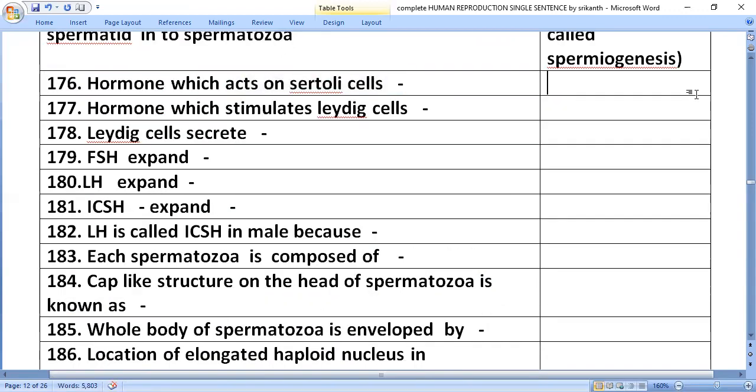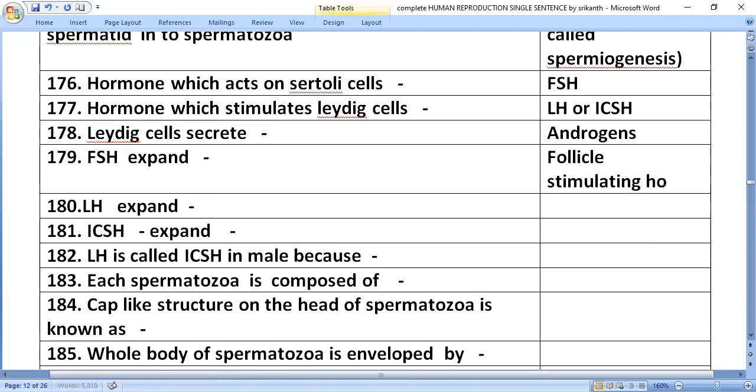Hormone which acts on Sertoli cells: FSH. Hormone which stimulates Leydig cells: LH, which is also called ICSH, interstitial cell stimulating hormone. Leydig cells secrete androgens. Major androgen is testosterone. FSH expands as follicle stimulating hormone.